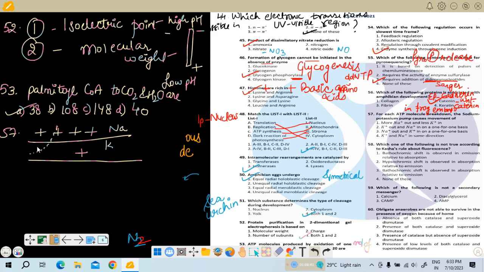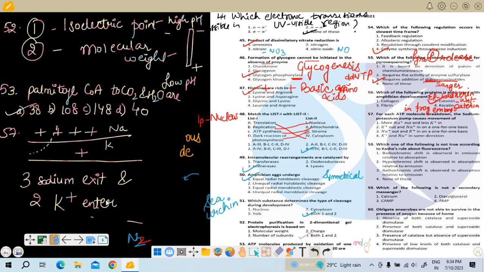So Na positive are moved out, and less K positive, they are inside. 3 sodium exit and 2 K positive enter.